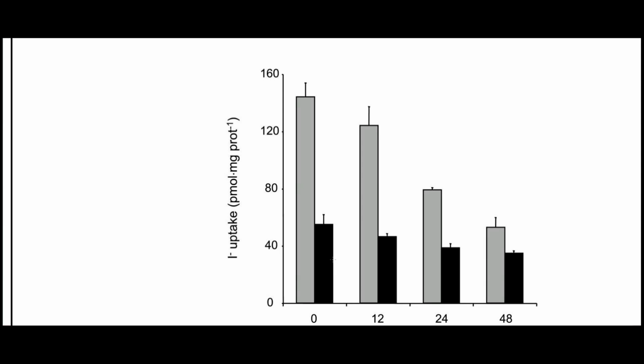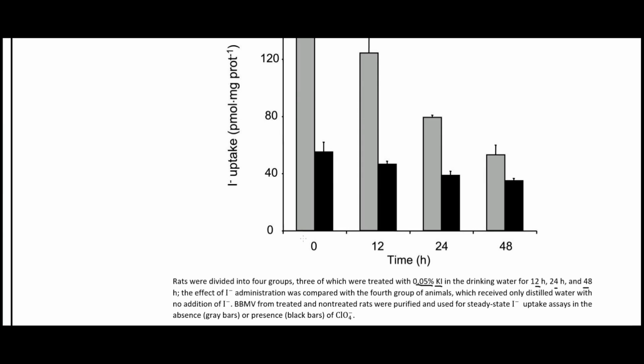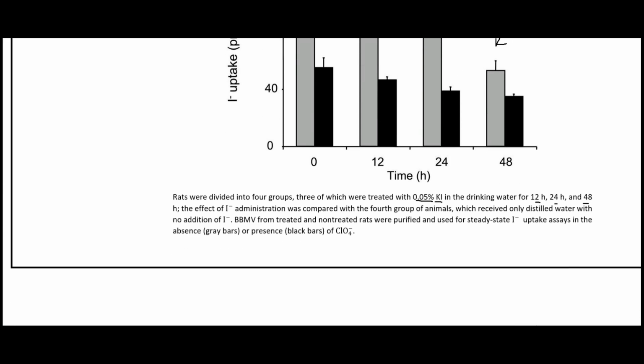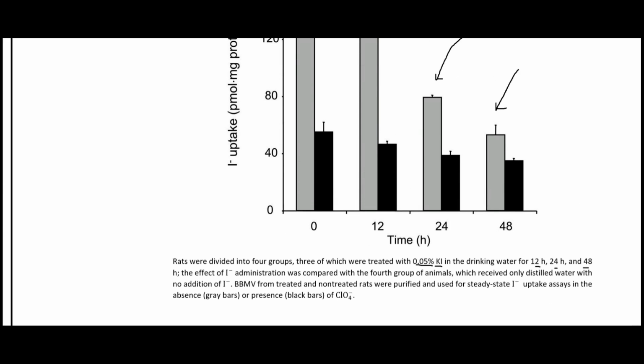And so this is just showing that we have this down regulation of the NIS transporter when the rats are fed the iodine over time. And so being exposed to iodine for greater and greater time is essentially down regulating the NIS, the sodium iodide transporter.